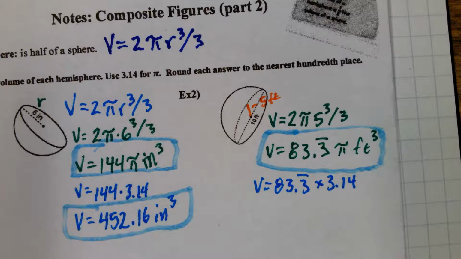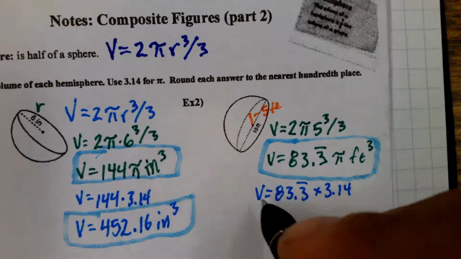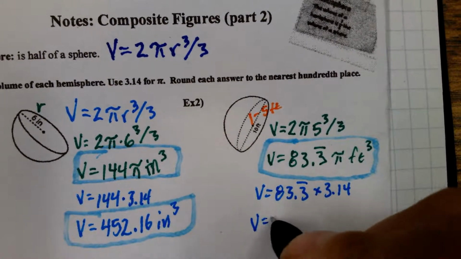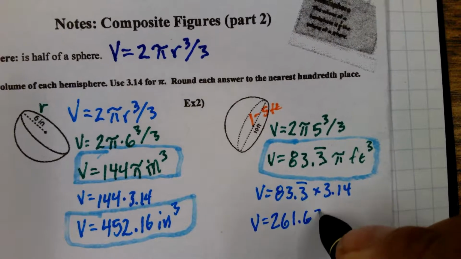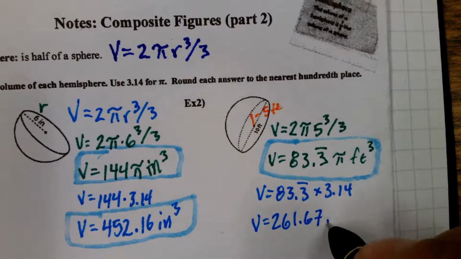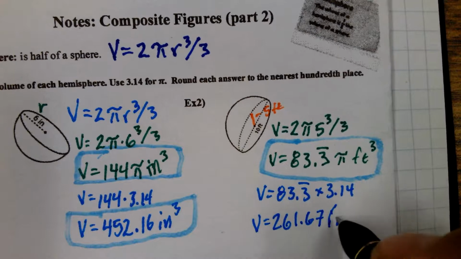And then multiply that times 3.14. And I got 261.67. Anybody else get that? 261.67? Okay, let's write that down. And that's cubic feet.